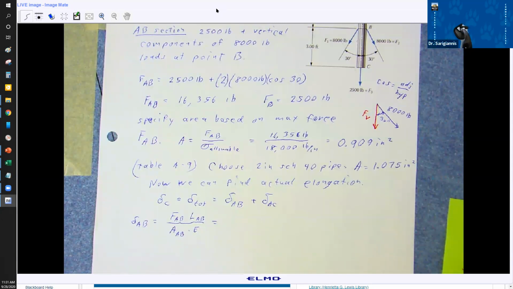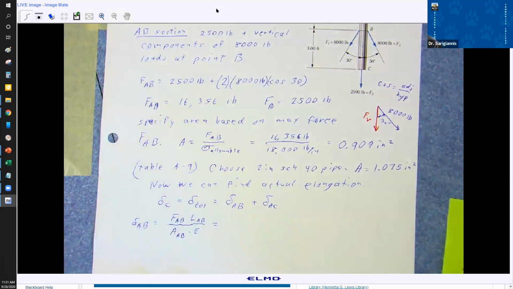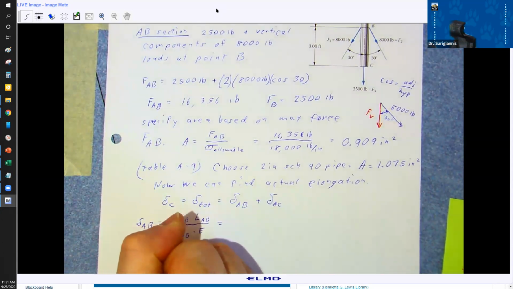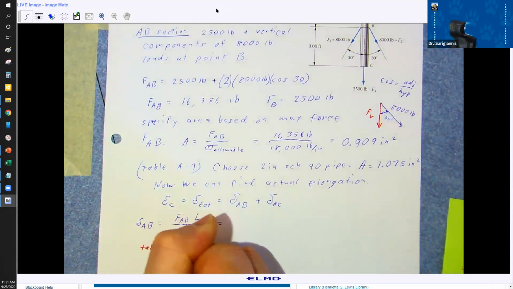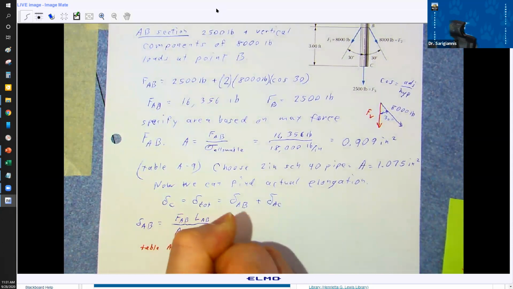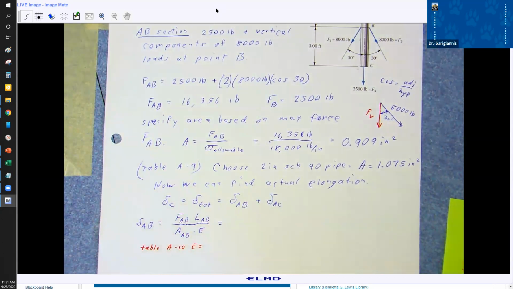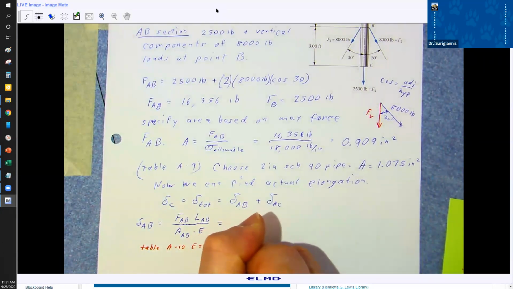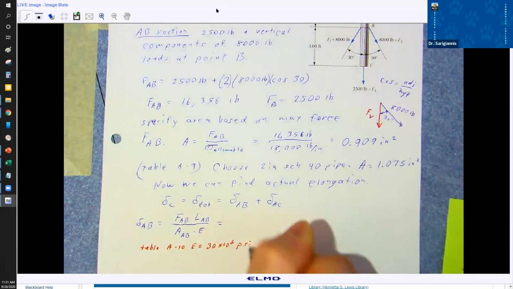Let me write this down. E is going to be 30 times 10 to the 6th PSI.